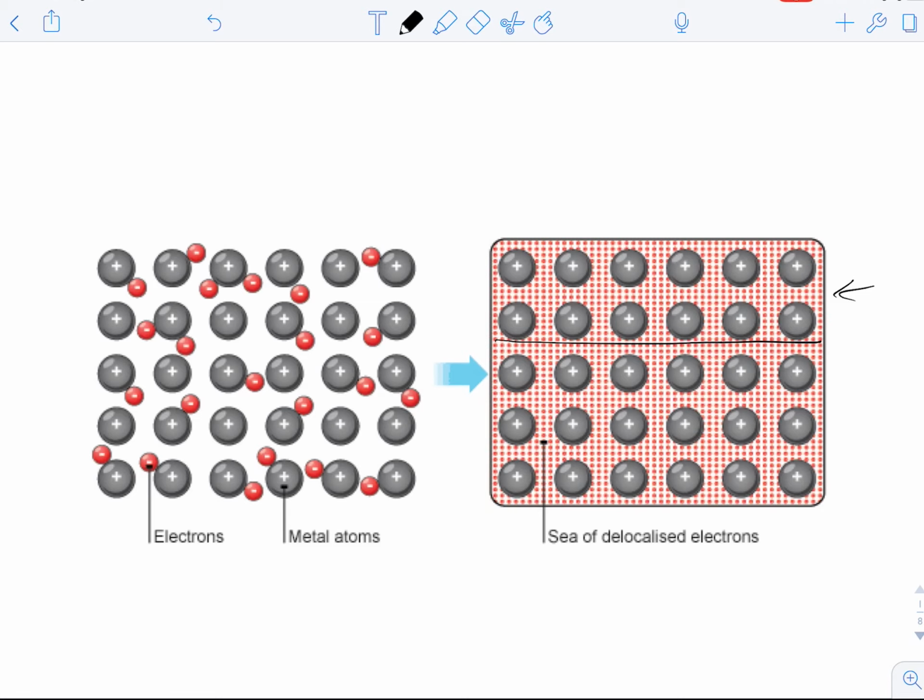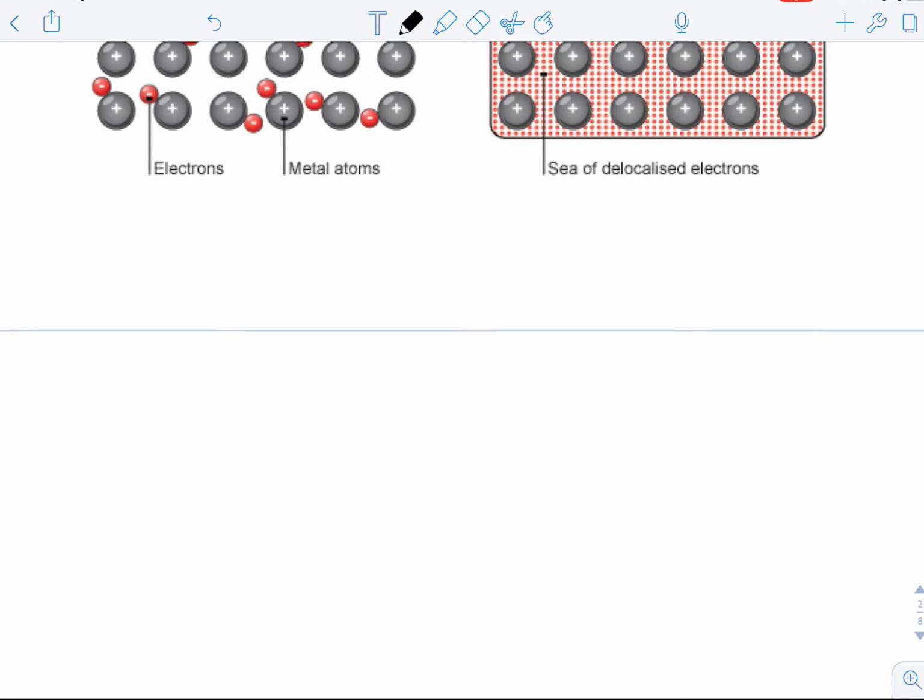Okay, and we also see within our metals, we get something that's called metal band theory. Because we are sharing all of these electrons, we get an overlap of the energy levels.